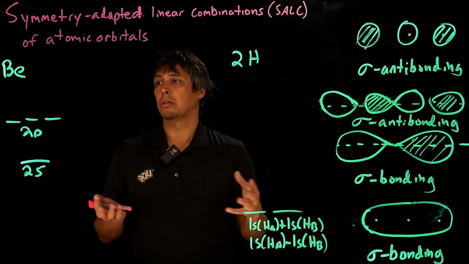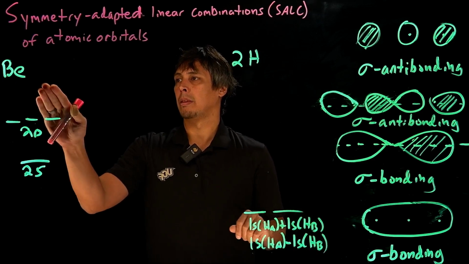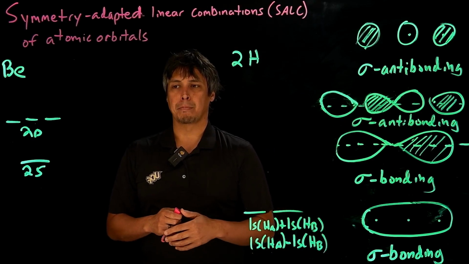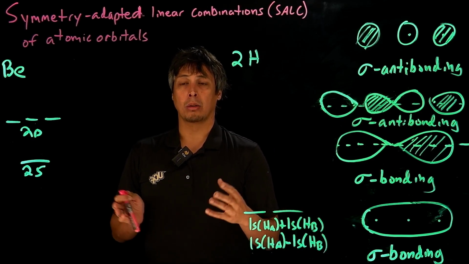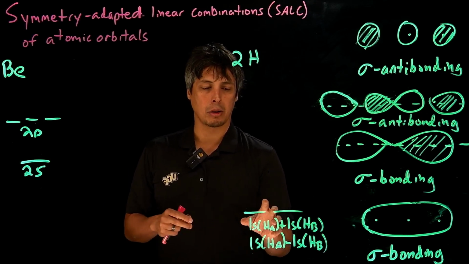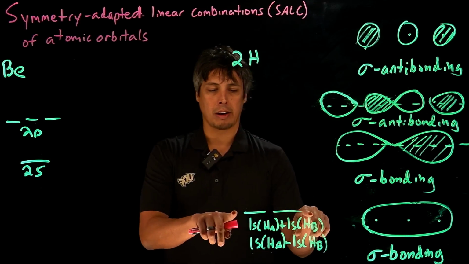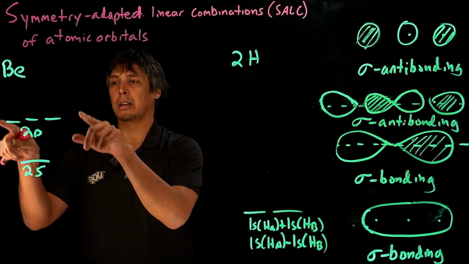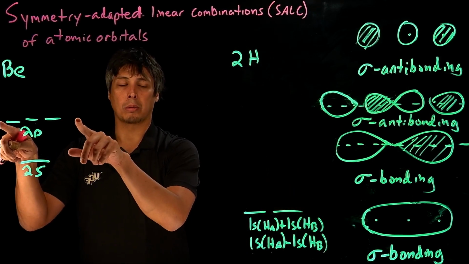Another thing you'll notice, and this should make some sense from our discussion of heterodiatomic MOs, is that the energy for the SALCs is much lower than the energy for the corresponding 2s and 2p orbitals from beryllium.